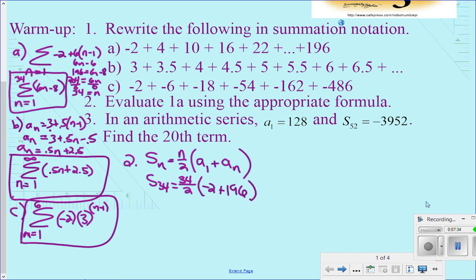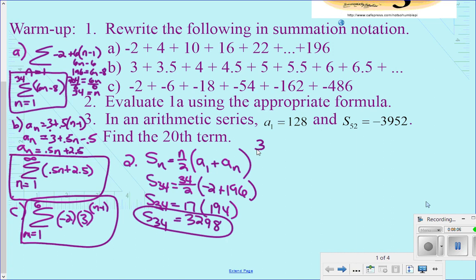So that gives me 17 times 194. And let's see if I have that written down here. 3,298 is the sum of those 34 terms. Okay, so that takes care of number 2.